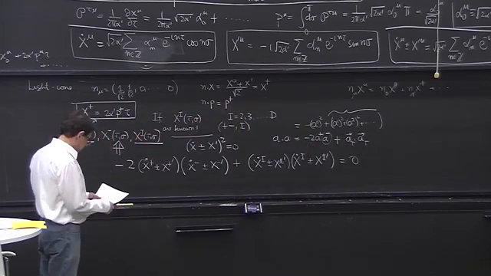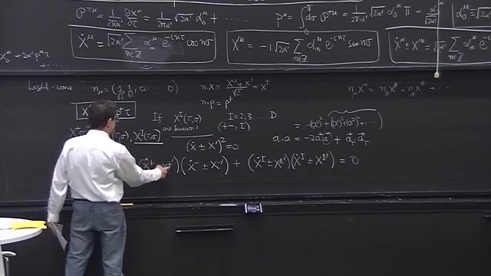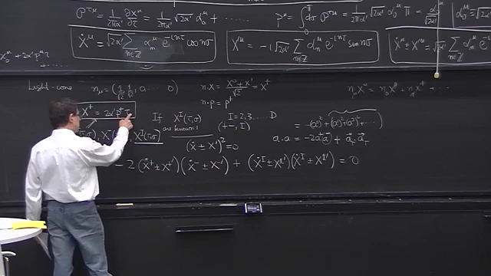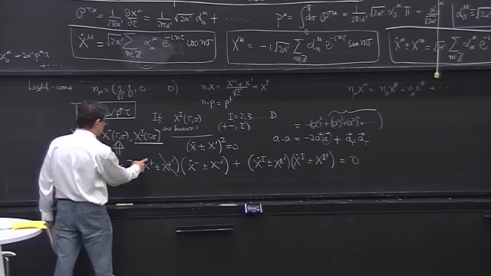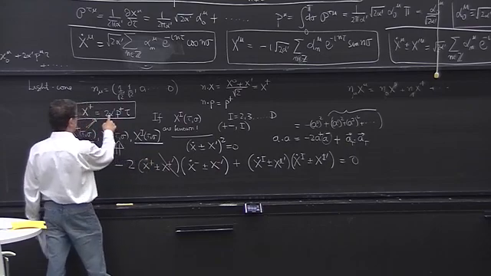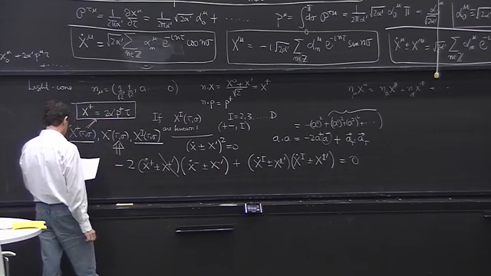Now, something even more nice happens here. X plus has 0 prime derivative, no sigma dependence. So this is 0. And x dot plus is just 2 alpha prime p plus.